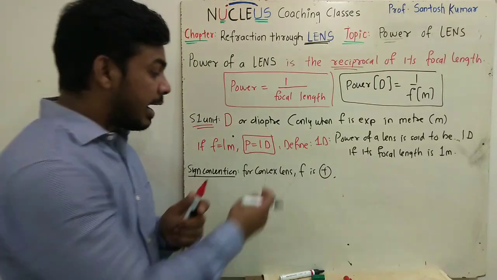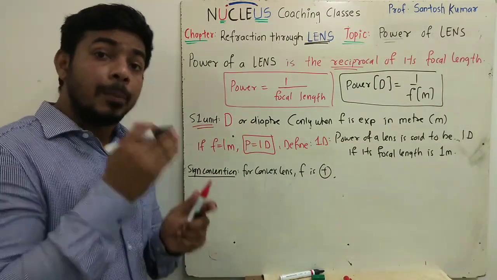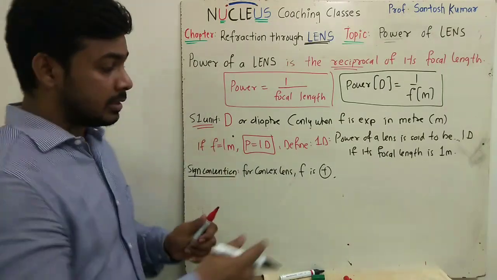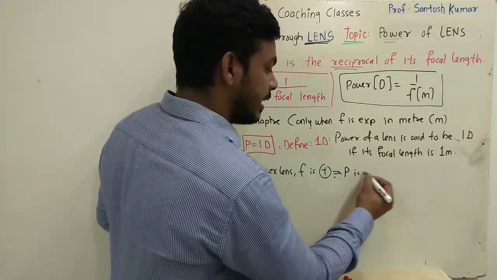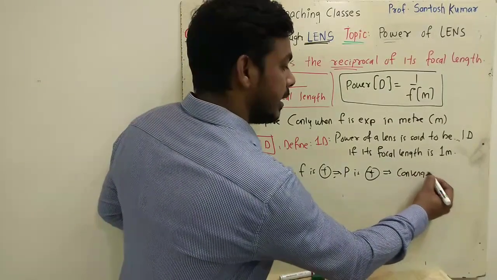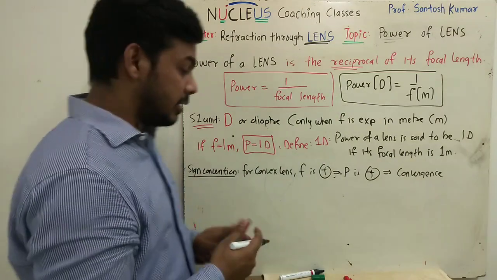And you must be aware that a convex lens is also called a converging lens. That means a positive power indicates convergence. So for a convex lens, F is positive, that indicates P is positive, that indicates convergence. That means positive power always indicates convergence.